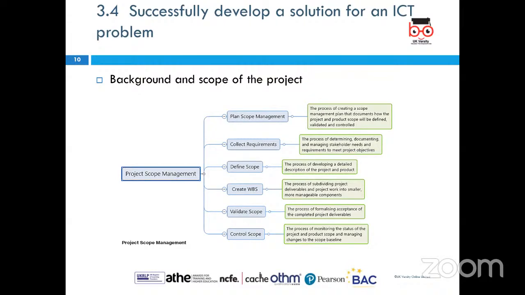So we might have different scope, and from our project manager is really vital. He understands and is able to manage each scope effectively, so we can have a planned scope management, collect requirements, then we're going to define the scope, create a WBS, which we did yesterday, validate our scope, and then control the scope.